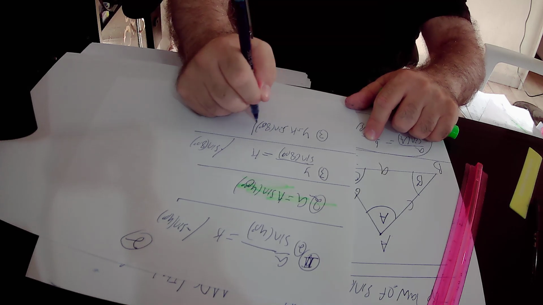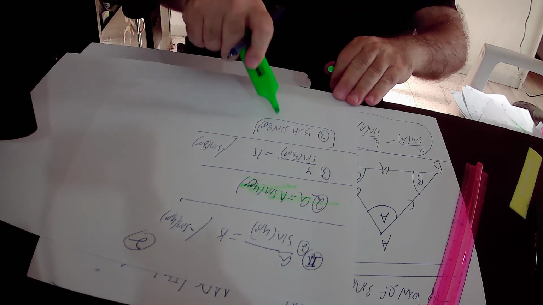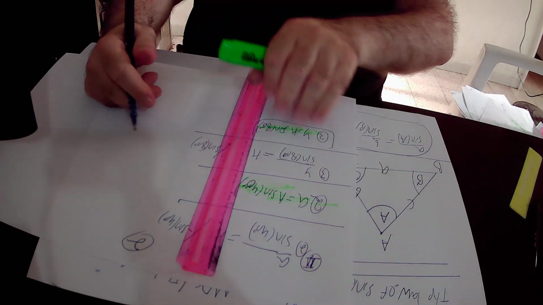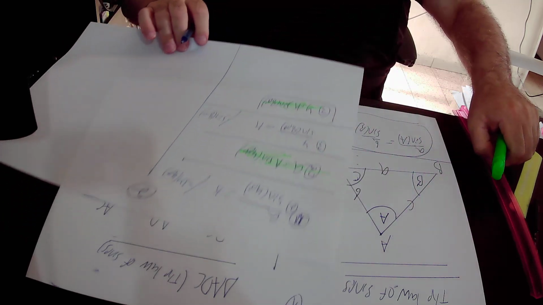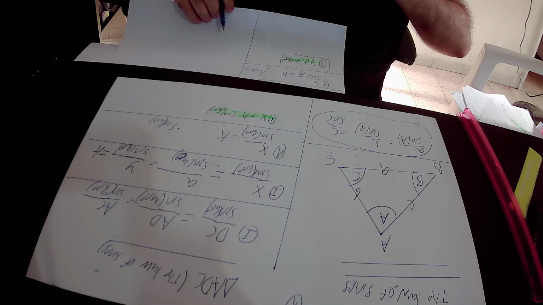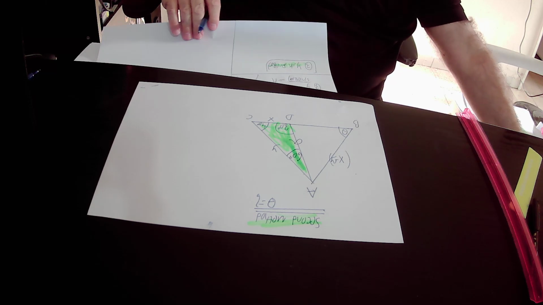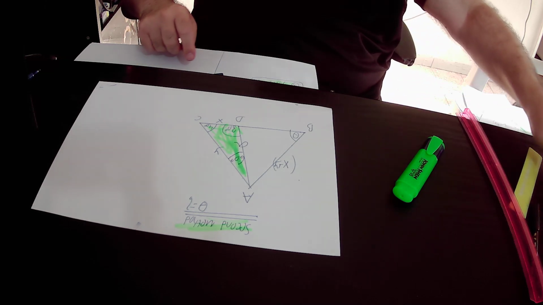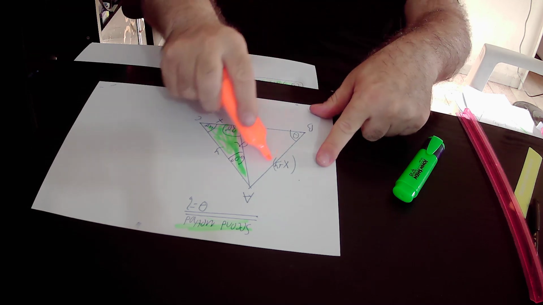Okay, so we actually have three expressions for x, y, and A. In the next step, we will implement the law of sines in triangle ABD. Repeat again, we will implement the law of sines in this triangle ABD.